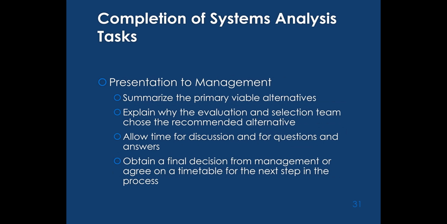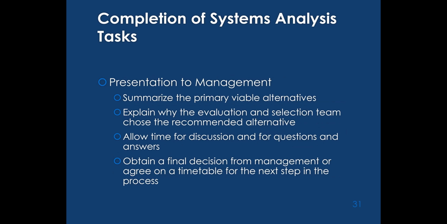After that you present to the management. When you present, you summarize the primary viable alternative that you have got. For example, you may say that once you interviewed the users, you found that there are 5 troubles from the legacy system that you have to fix. So you may say request 1, 2, 3, 4, 5 and what they are, and that request number 4 is the highest priority.